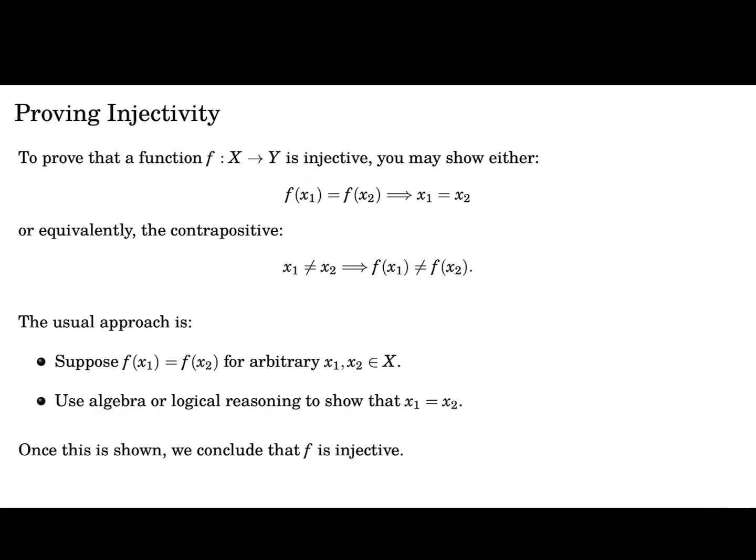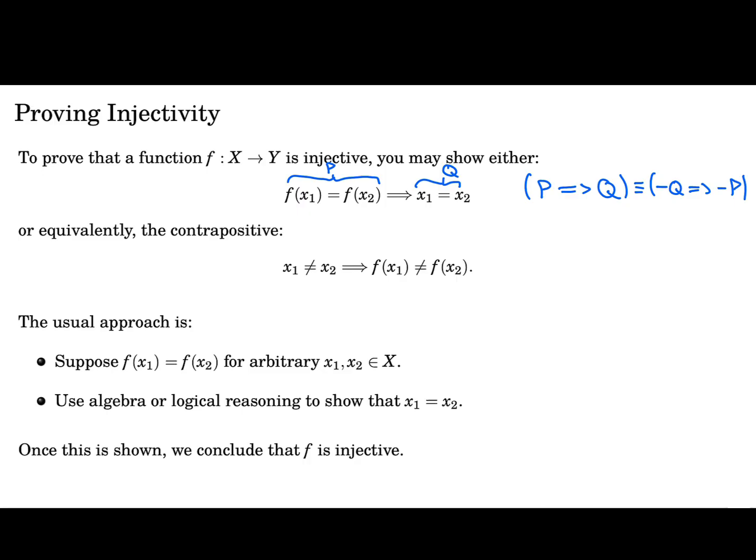Remember, if this statement is P and this is Q, we are essentially saying prove P implies Q, and we know that this is equivalent to not Q implies not P. So this is the contrapositive.